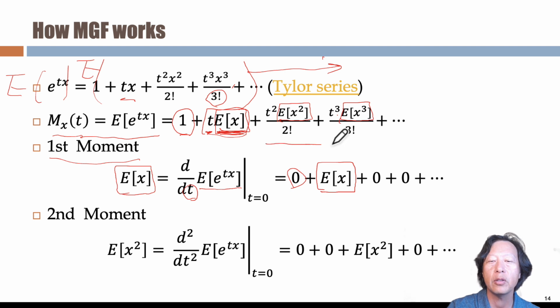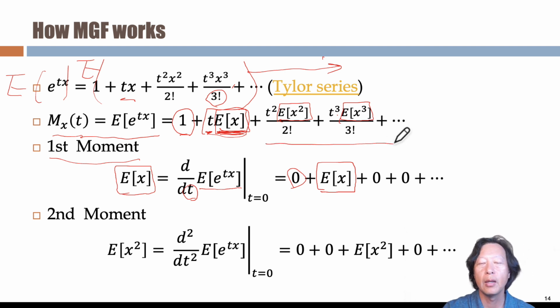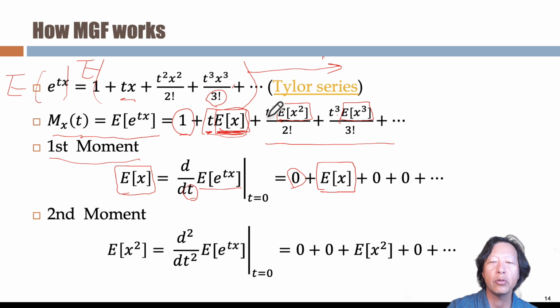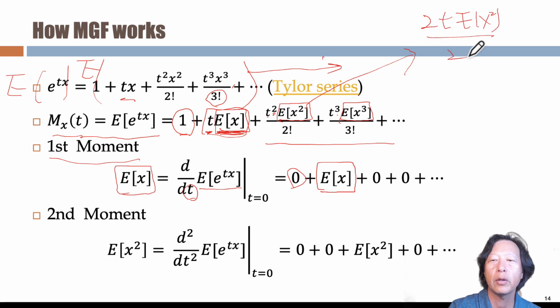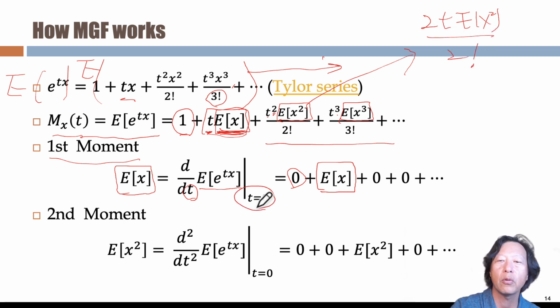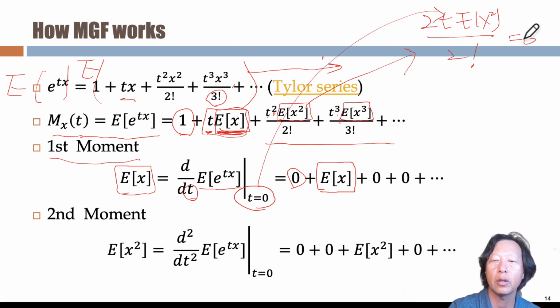However, for this part, you have a 2t, so the derivative will be 2t times the expected value of X squared over 2 factorial. But we have to put t equals 0, so if you put t equals 0, this becomes 0. How about the third one?